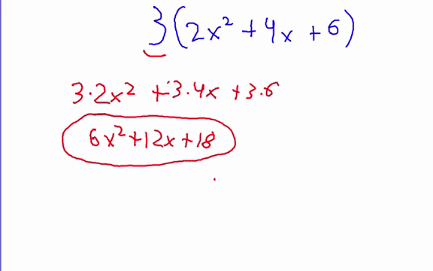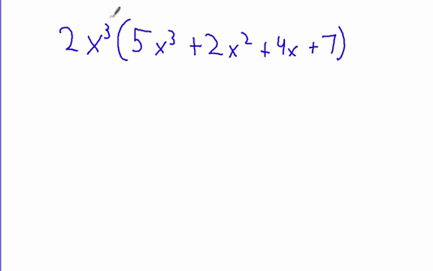Now, what if our monomial has a variable in it, like 2x cubed times 5x cubed plus 2x squared plus 4x plus 7? We don't do this problem any differently at all. We're still going to take our monomial and use the distributive property and multiply it by every single term in our polynomial.